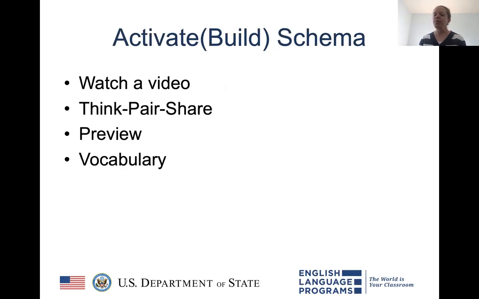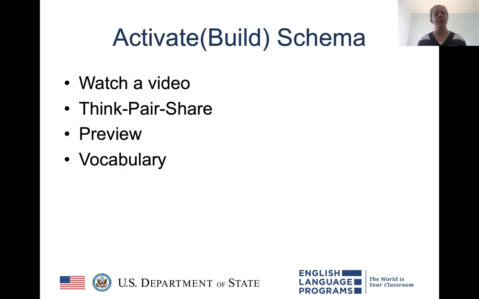Next, often before we read, we need to help students activate or build schema. Schema is our background knowledge, what we already know about a topic. This is important because it helps us to understand. If we're reading about something we don't know anything about, it makes it more difficult.